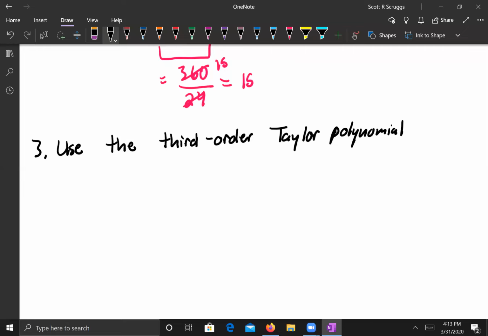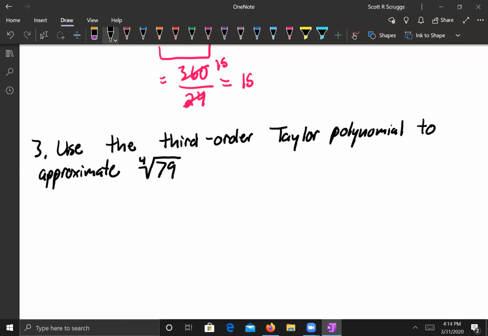So now my problem is use the third order Taylor polynomial to approximate, what's a good one? The fourth root of 79. So keep in mind here that I did not give you the function f of x, nor did I give you the point to center it at.